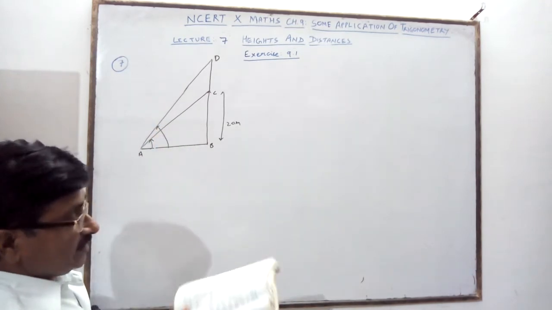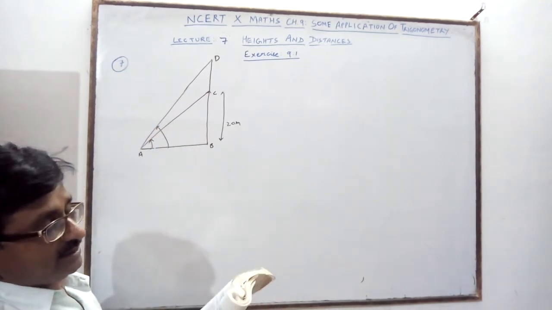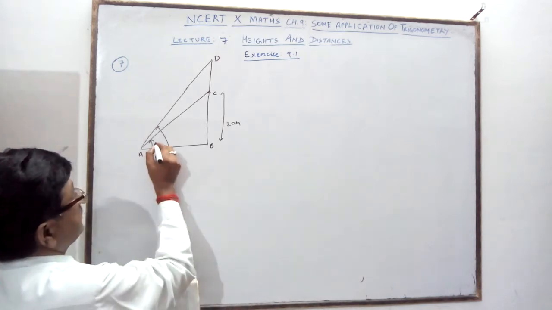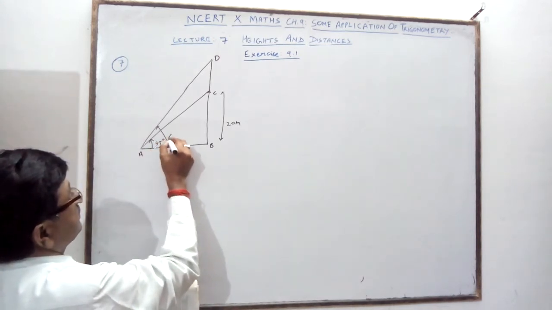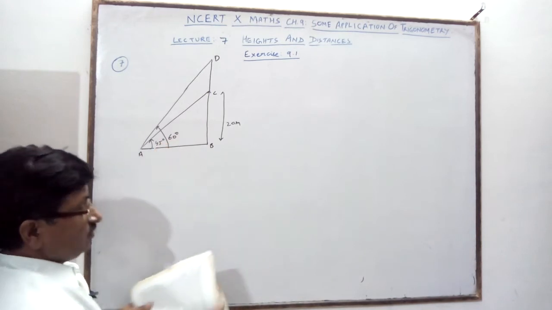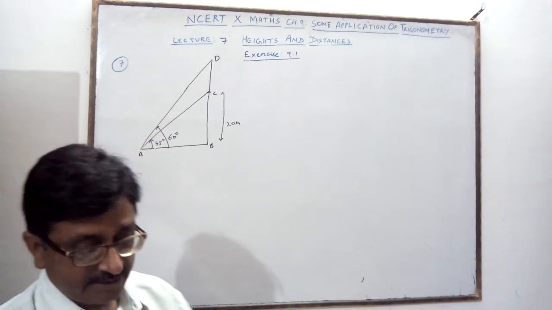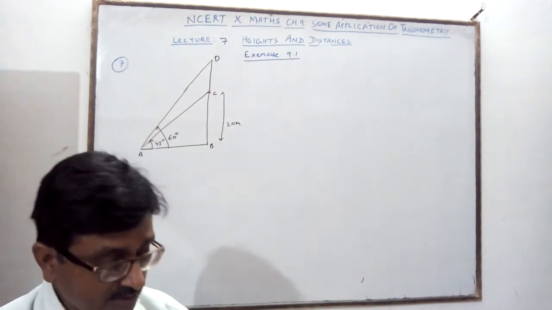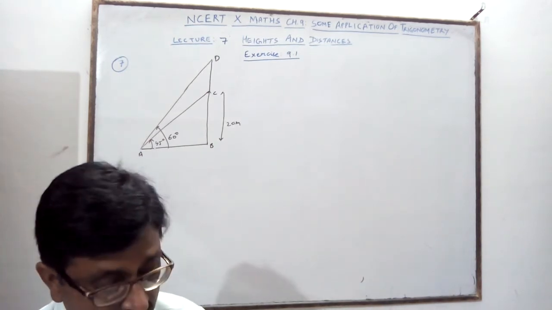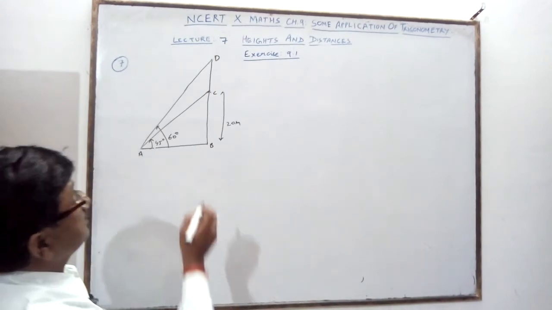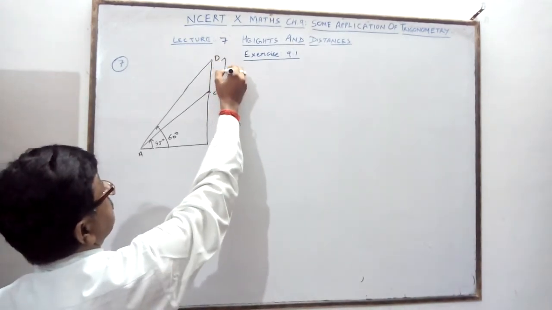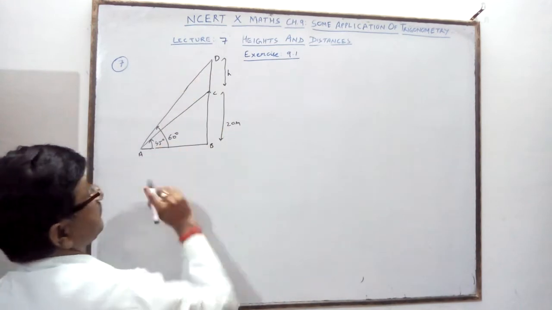These two angles are 45 degrees and 60 degrees. So find the height of the tower. You want to find out the height of the tower.